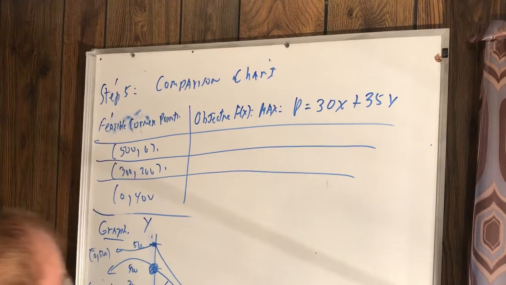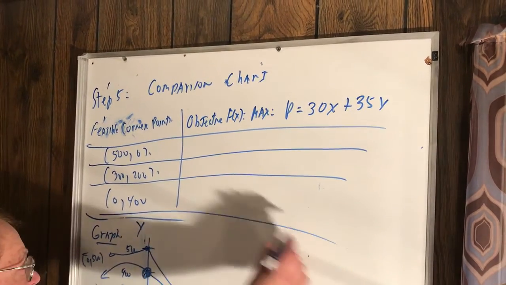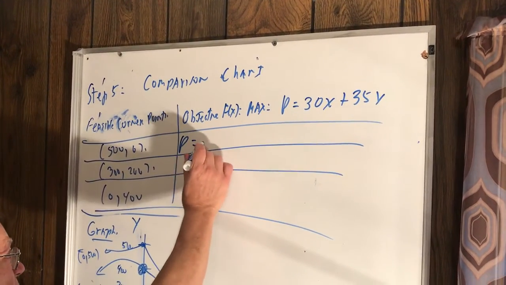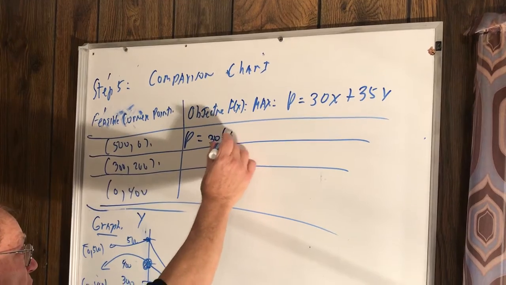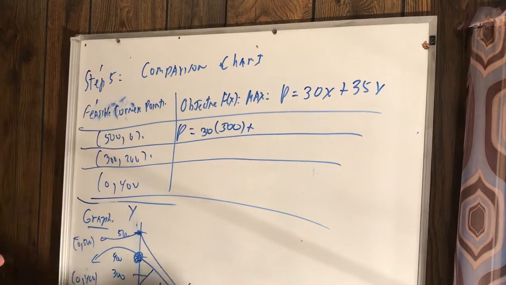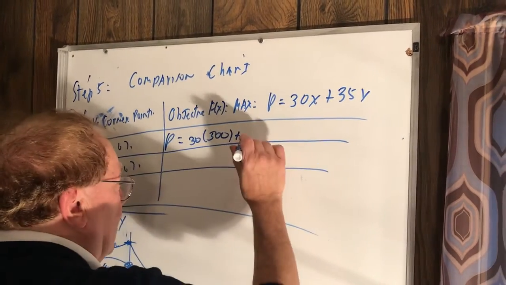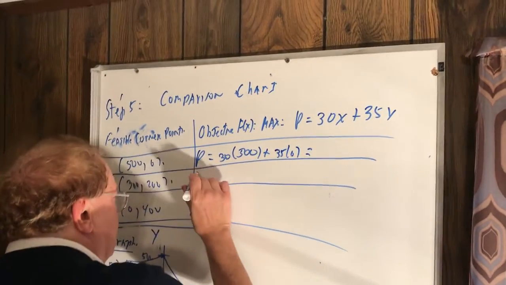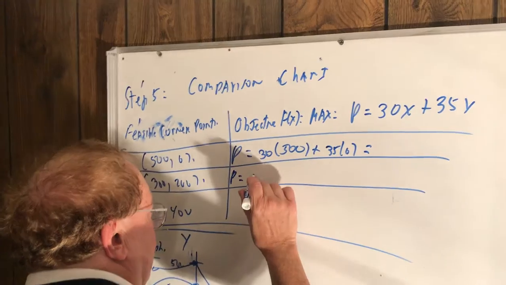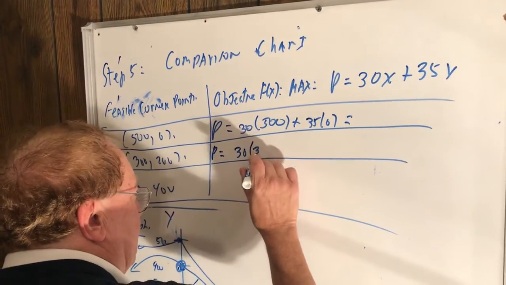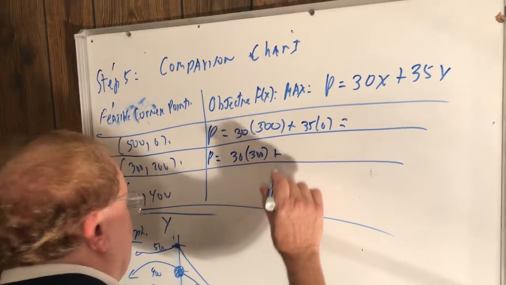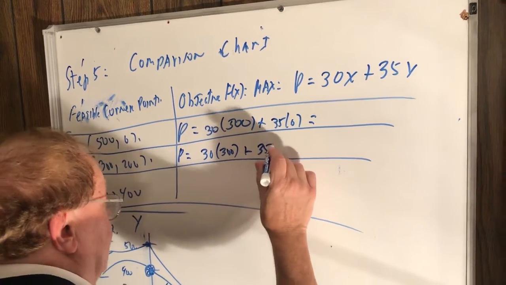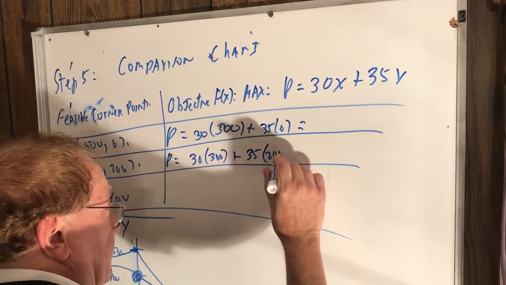So what do we do now? Well, P equals 30 times 500 plus 35 times 0. Let's just write them all out. P equals 30 times 300 plus 35 times 200.